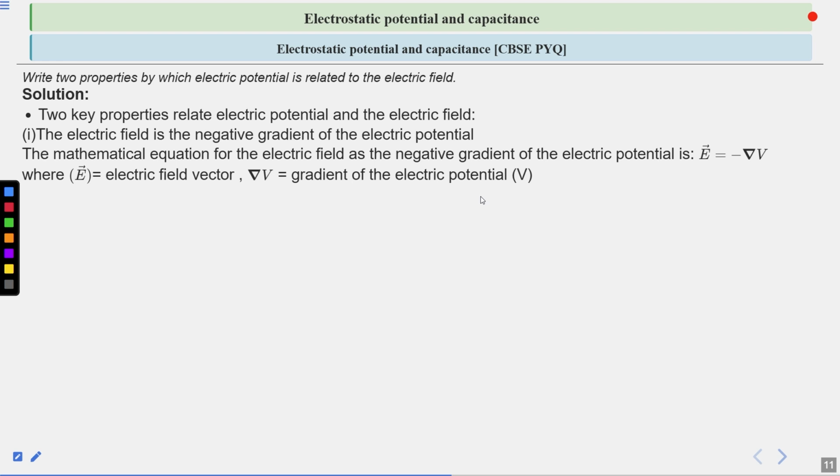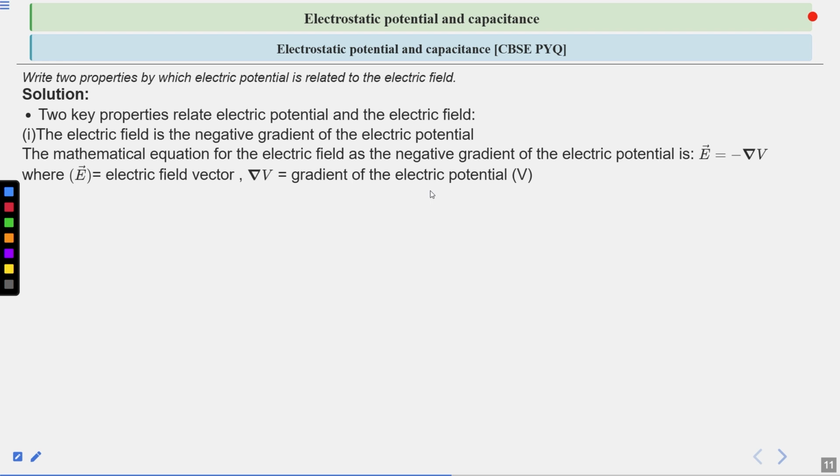If a region is bound by two points, the potential difference between these two points upon the separation between them is equal to the electric field. This is the magnitude of electric field. So dV by dr shows the magnitude of the electric field.